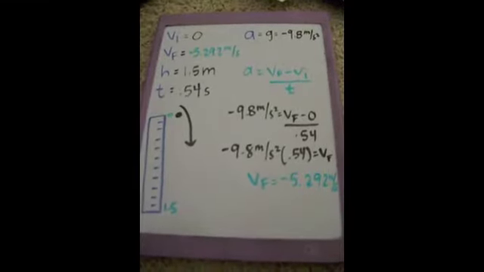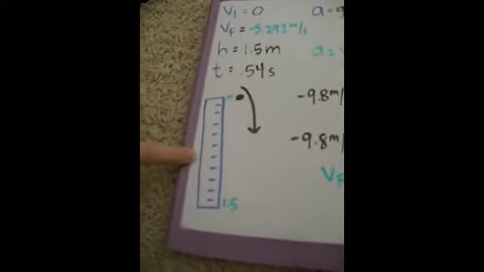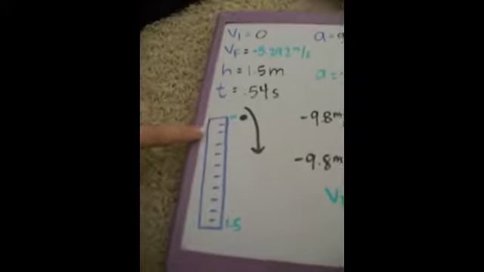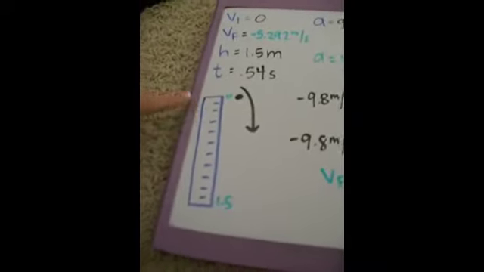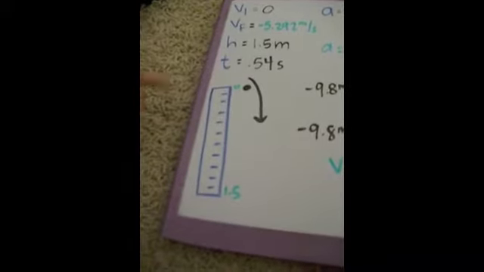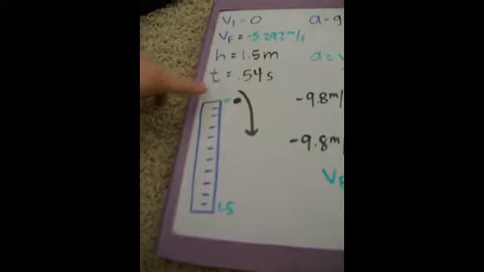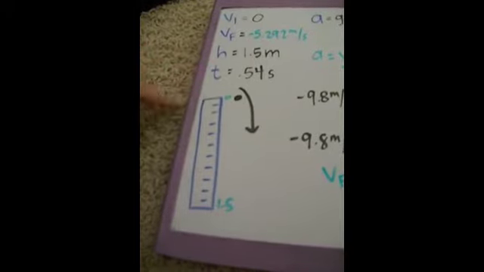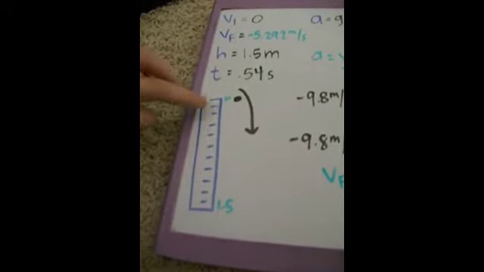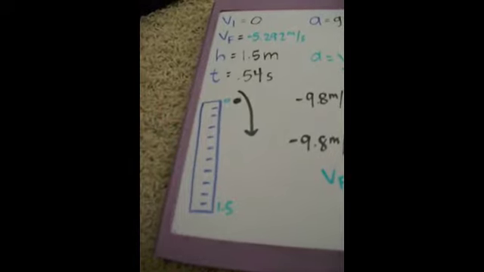Okay, so during our experiment, as we said before, we had a bookcase, which was 1.5 meters, and we separated it into 10 equal increments of 15 centimeters, or 0.15 meters. So what we did is we had a ping pong ball starting from the top of the bookcase and going down, and at each increment we would measure how long it took to get to the 0.15 meters.